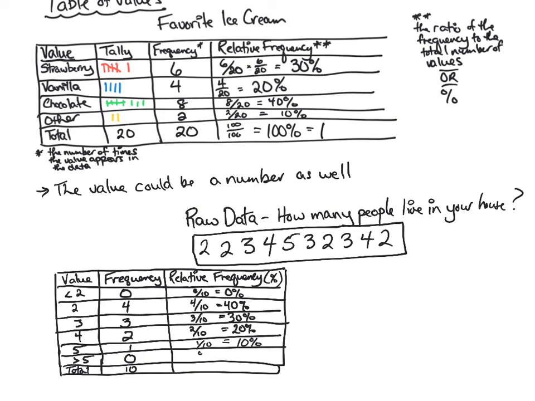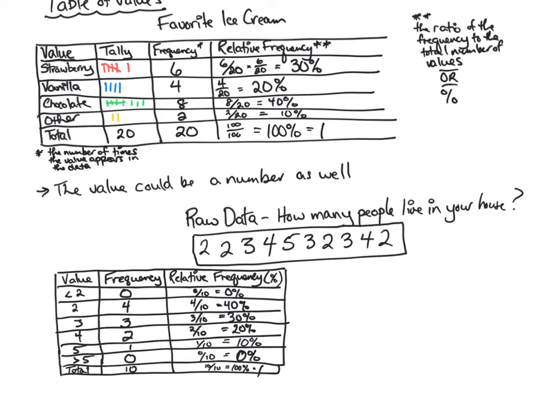And of course, 0 out of 10, we already did that, is 0%, for a total of 10 on 10, or 100%, or if you were doing it in decimals, 1.